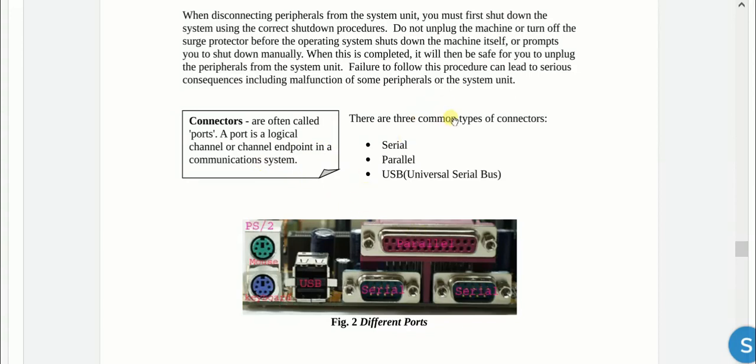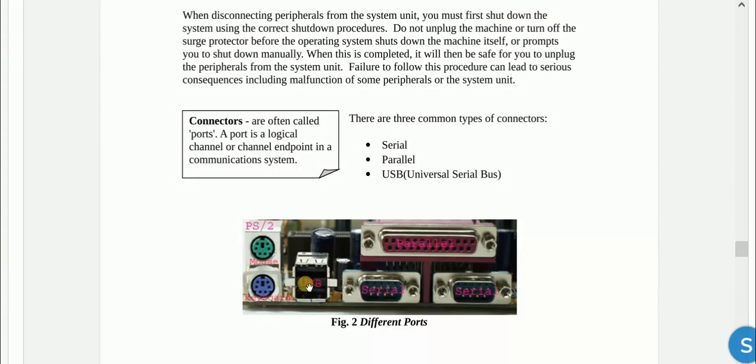The three types of connectors that we may deal with are your serial, your parallel, and your USB, which stands for Universal Serial Bus. If you observe carefully, you will see where they are labeled. This is your parallel. If you look at the back of your PC, you should be able to identify them. These are your serial, and these are your USB.